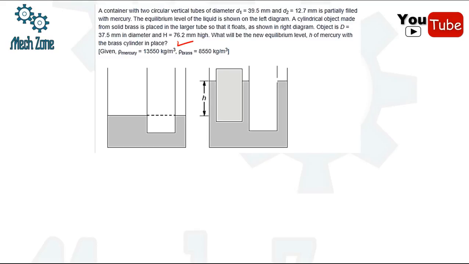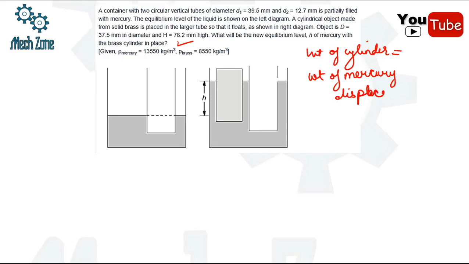Now since the cylinder object is floating in the mercury, the weight of the cylinder would be equal to the weight of the mercury displaced. Weight of cylinder would be equal to the weight of the mercury displaced for floating condition.